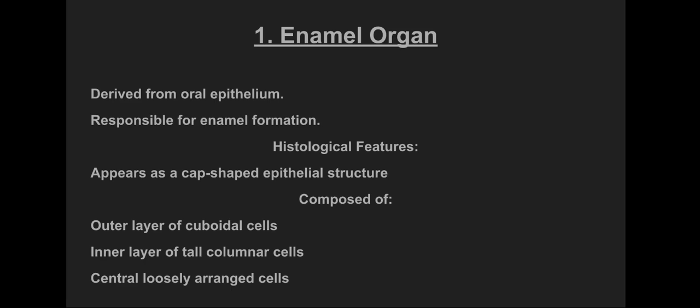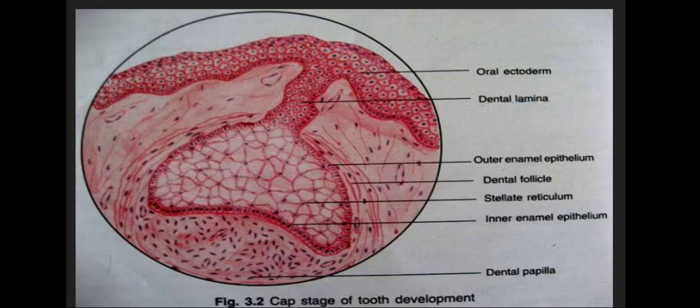It appears as a cap-shaped epithelial structure, composed of an outer layer of cuboidal cells, an inner layer of tall columnar cells, and centrally loosely arranged cells. This is how the enamel organ looks. This is the cap stage diagram.